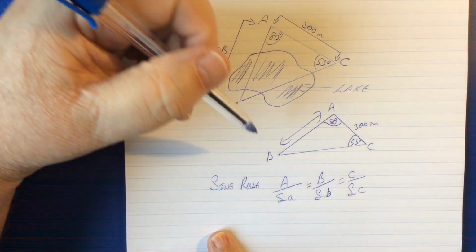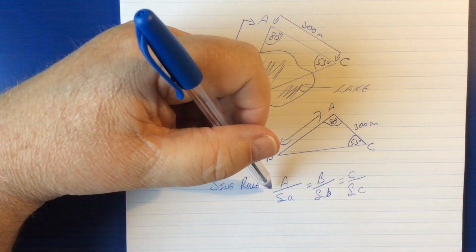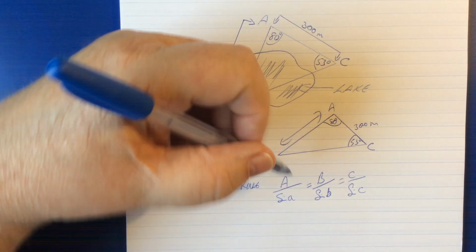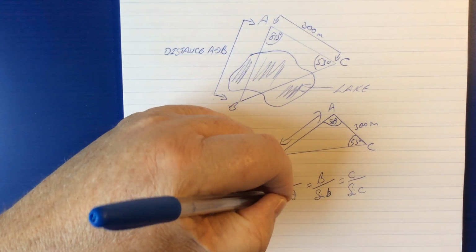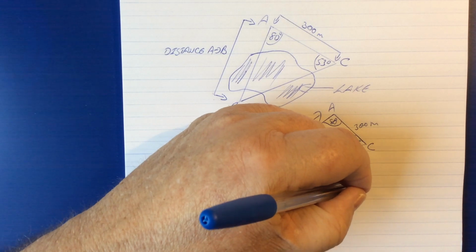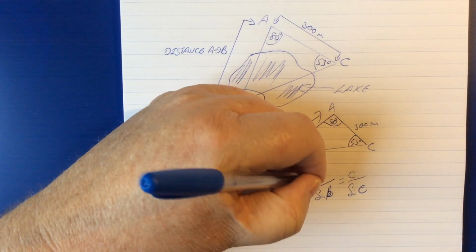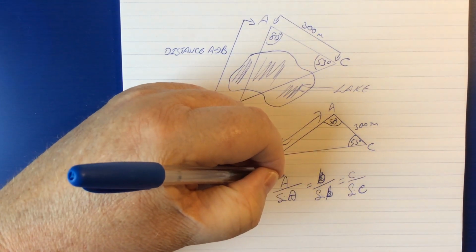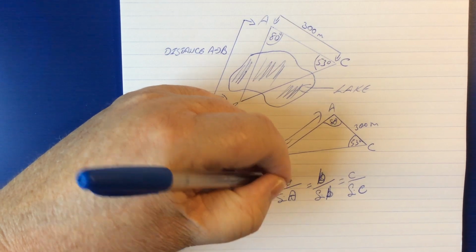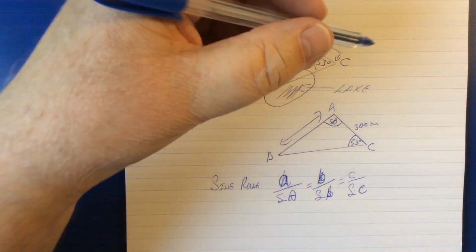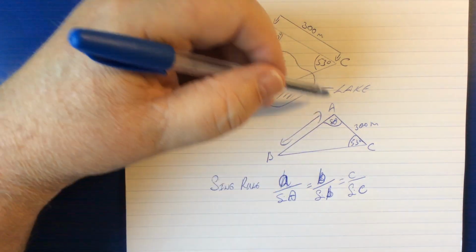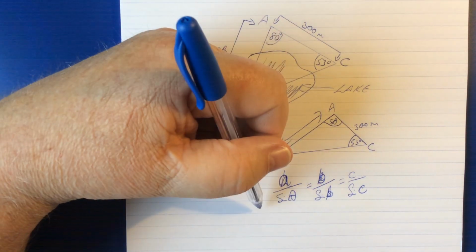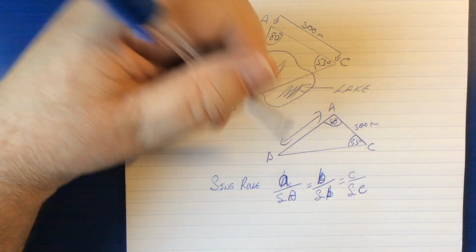And those of you who are paying attention will have noticed that I should have written this with a capital A, this with a capital B, and this with a capital C. This should be a small b, and this should be a small a, because we name angles with capitals and sides with small letters.